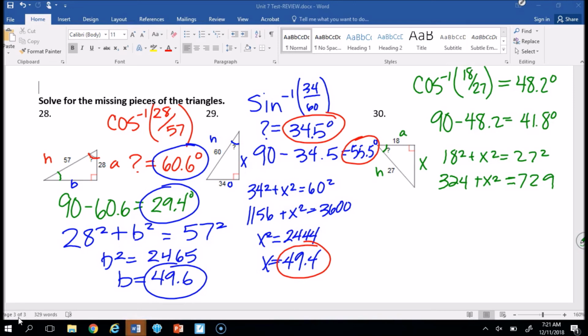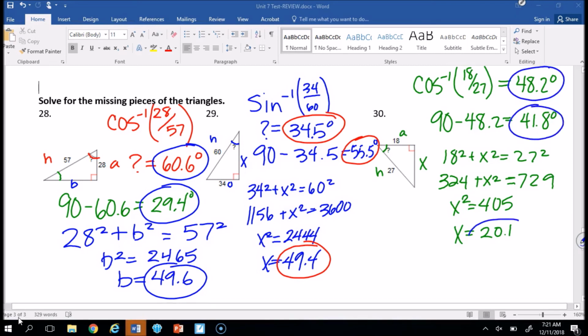Subtract the 324 from the 729. We get that x squared is equal to 405. And then we take the square root of both sides, so x is equal to 20.1. So once again, we have angle, angle, third side.